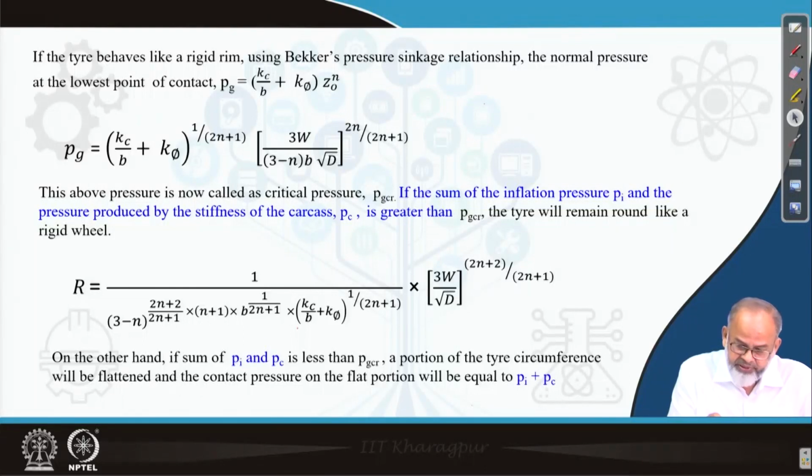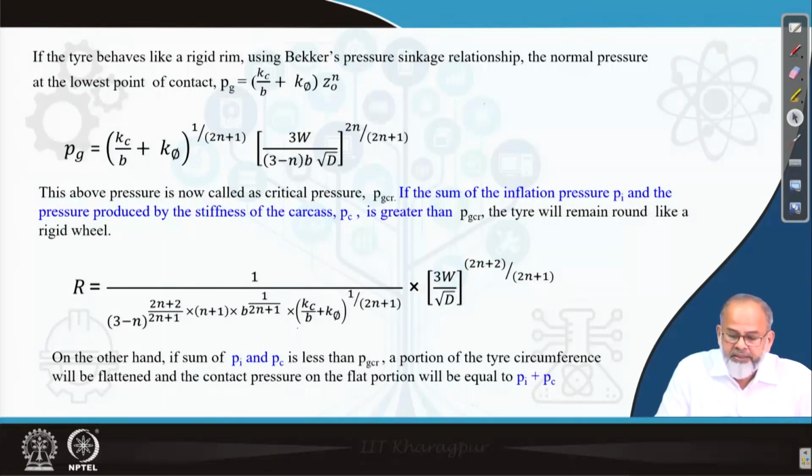Now, if you substitute for Z0, which we have just derived for a rigid wheel, then Pg equals (Kc/B + Kphi)^(1/(2n+1)) into [3W/((3-n) B sqrt(D))]^((2n+2)/(2n+1)). This pressure is now called the critical pressure, because this is the pressure which will be utilized to demarcate whether the wheel is in rigid mode of operation or in elastic mode of operation.